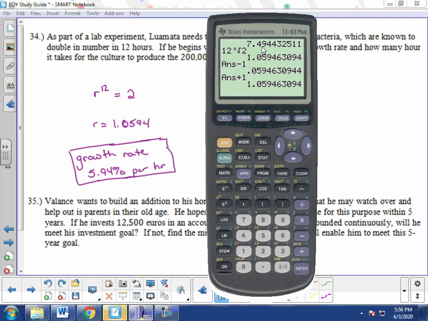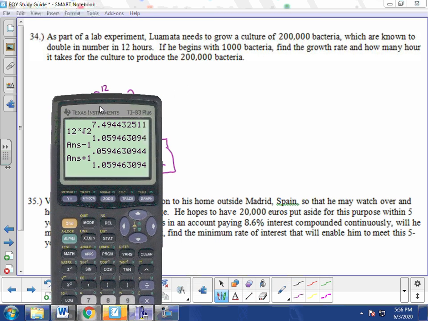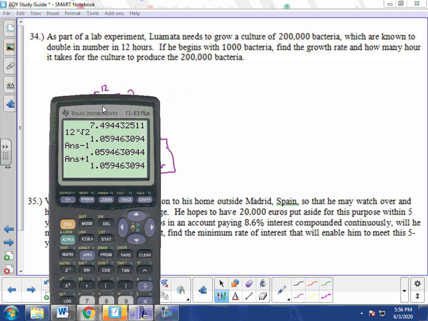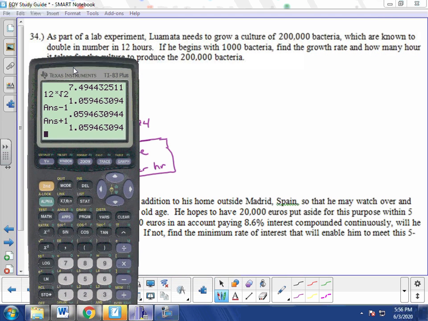Now, we want to also find how many hours it takes for the culture to produce 200,000 bacteria. Now, remember, for an exponential growth, if we want an amount, it's going to be the initial amount, or the principal, times the rate to the t power.